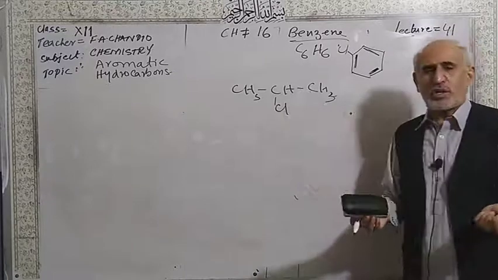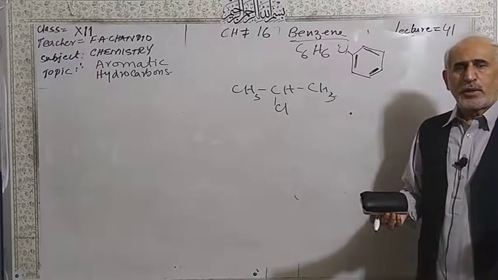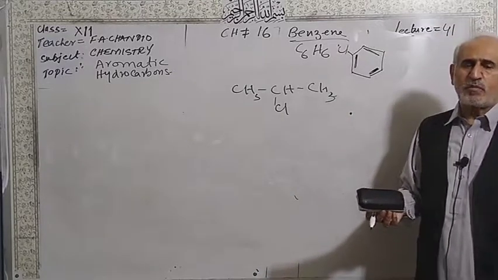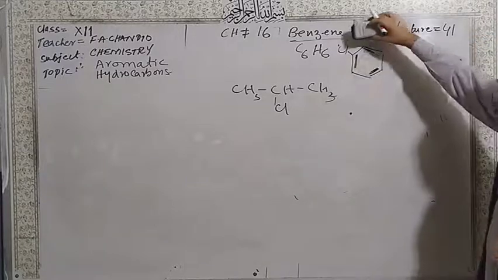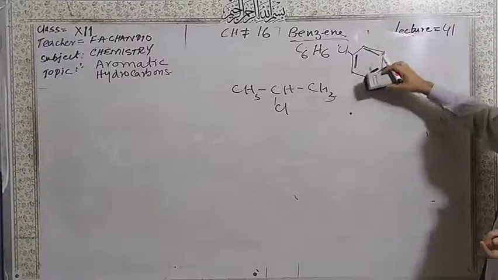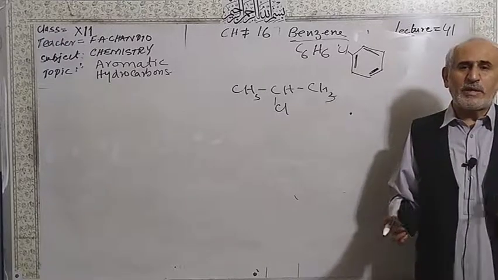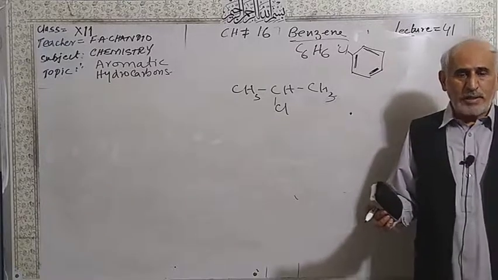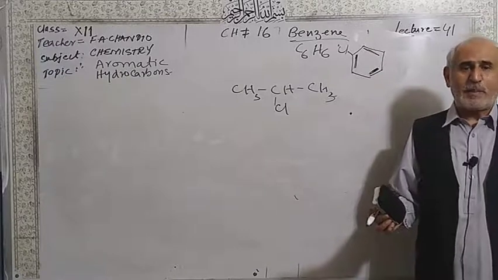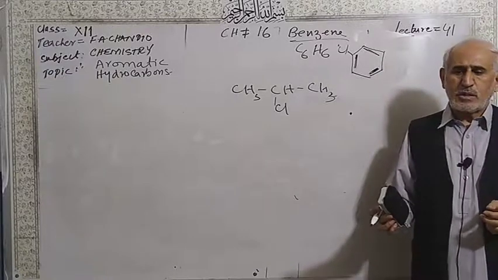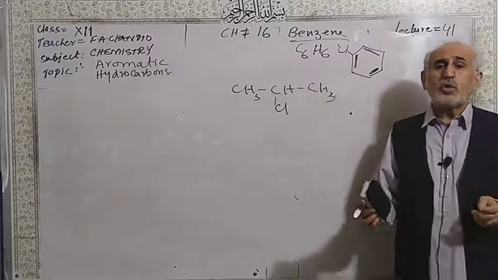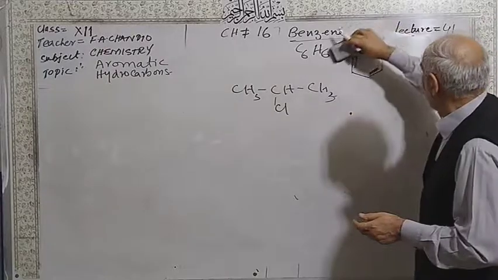There are two substitution products here with different names. But in benzene, you put chlorine here and there is only one mono substitution product. This is the property of benzene. All carbon atoms behave alike, no difference. That's why it is called mono substitution. This is called chlorobenzene.